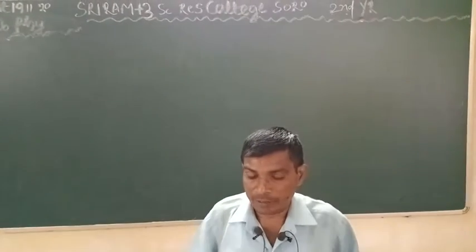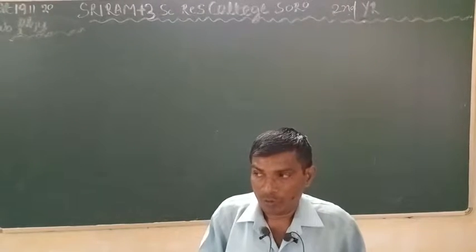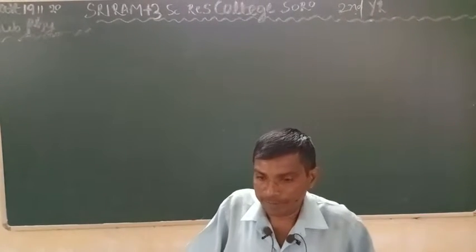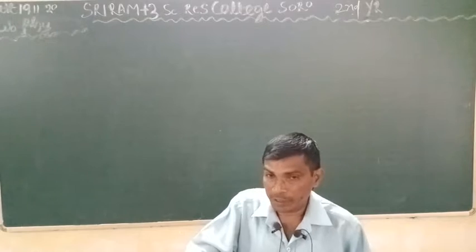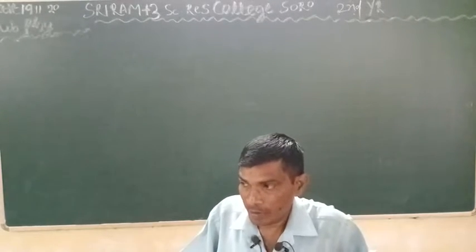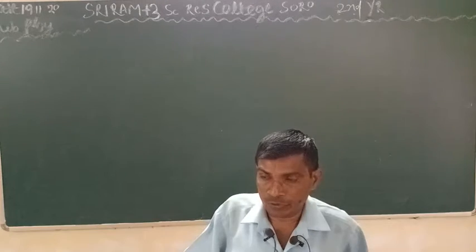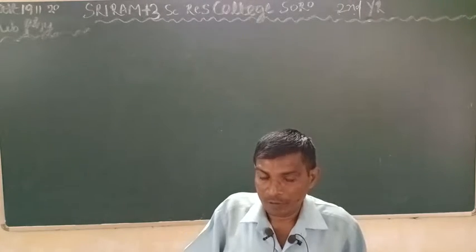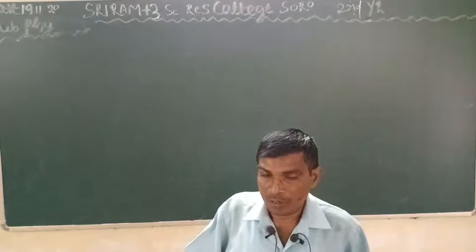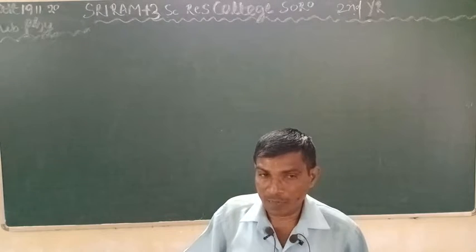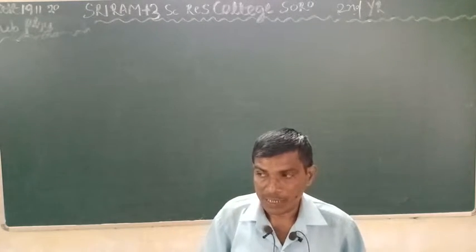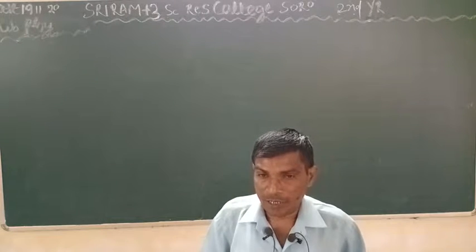Now, in this class, we are going to start voltage divider biasing. In your previous class, we also discussed the fixed biasing method and the self biasing method. This is the last one.